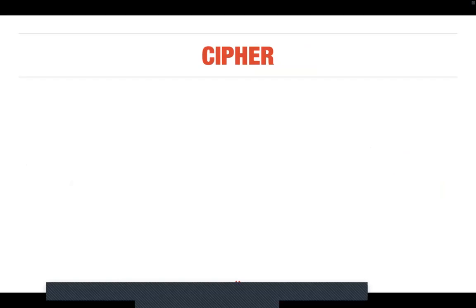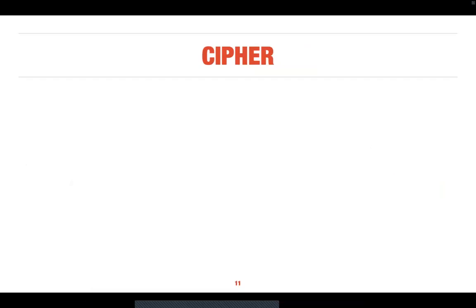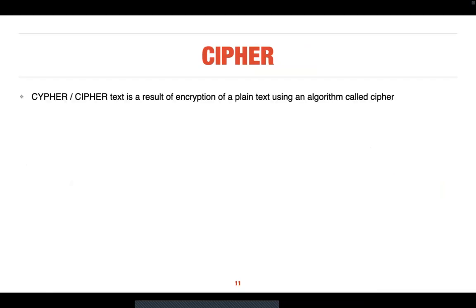Yeah, it's clear. Yes. So next we will talk about ciphers. We earlier talked that SSH uses ciphertext to communicate over the network. So what is a cipher? Ciphertext is the result of encrypting plain text using an algorithm which is called a cipher. So algorithms are called ciphers, and they generate ciphertext.